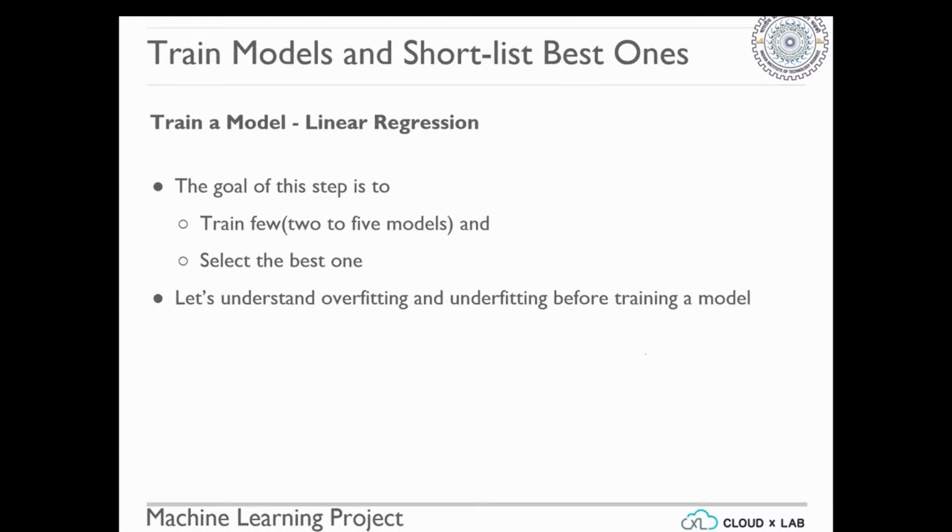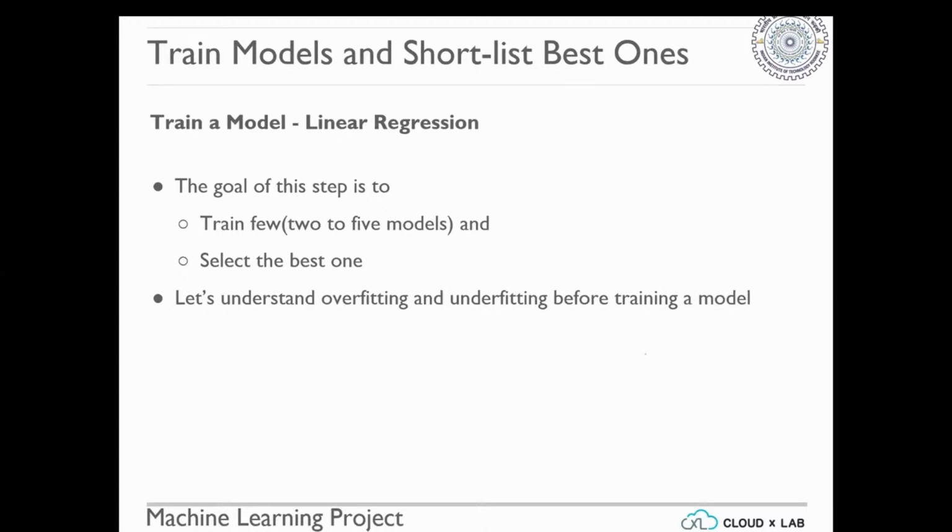And how can we check the best model? For that, we will use a cross validation method that I will discuss in the next session. In cross validation, what we exactly do is divide the data set into three parts: training part, test part, and validation part.